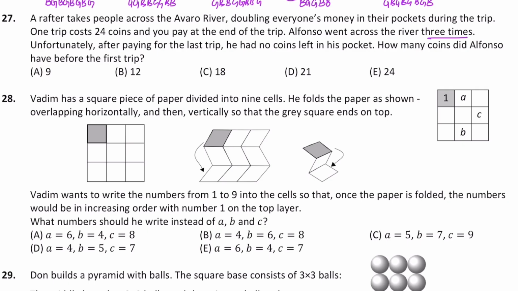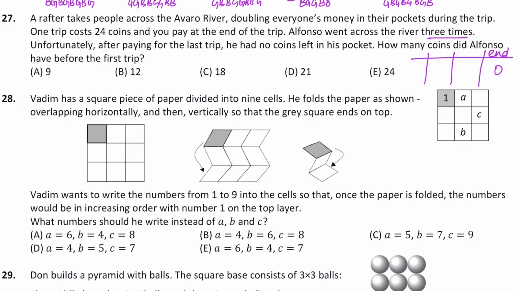So, how we can solve this question is we can think of it as at the end, he had 0 money, right? The money kept doubling as the trip went, and you have to pay 24 coins per trip. So we have to work backwards from here.